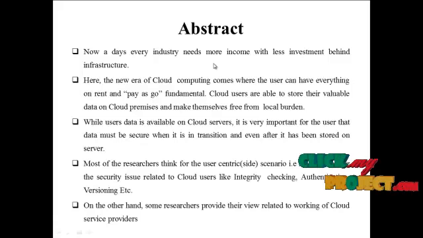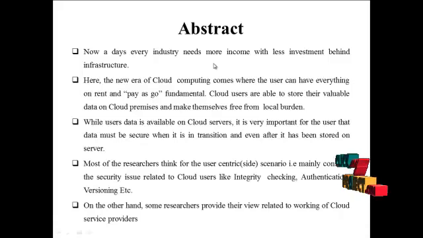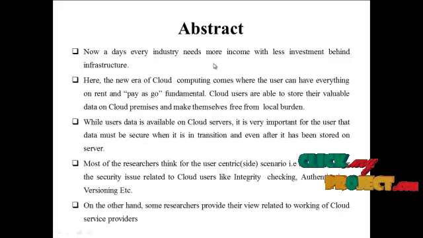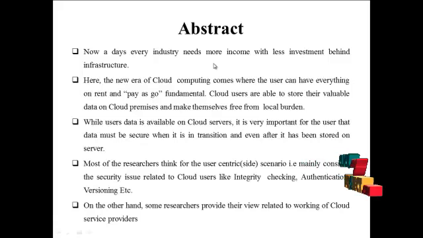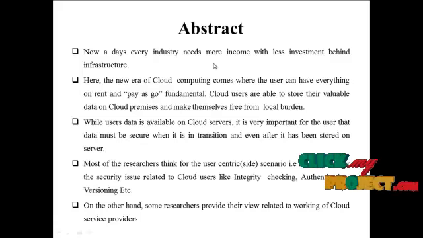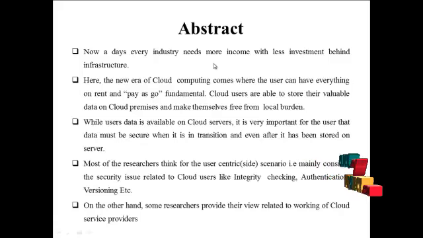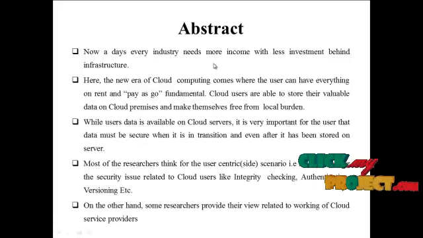While the user's data is available on cloud servers, it is crucial that the user's activity and data are secure during data transition and even after it is stored on the cloud servers. Most researchers think from the user-centric side.